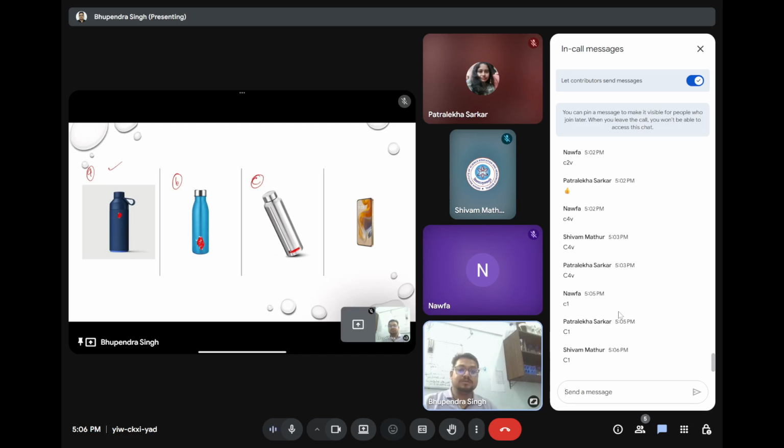Hmm. Everyone is saying C1. Why are you guys saying C1? Okay. Consider this plane bisecting this handle in two pieces, and your bottle also.